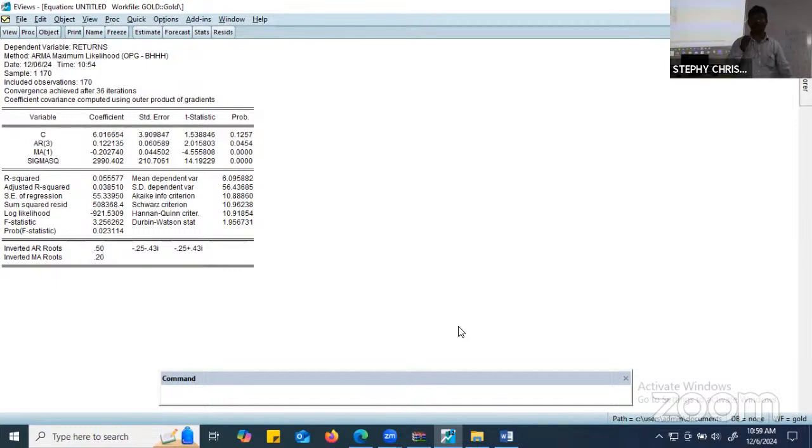Okay, you do one thing. Students, audience, you estimate and note down the AIC and SIC and tell me which one is the best model in terms of the least AIC and SIC value. That model is the best or the parsimonious model used for forecasting the gold returns. Okay. A few professors are saying it's 611. So please, everyone just try and come out with it.